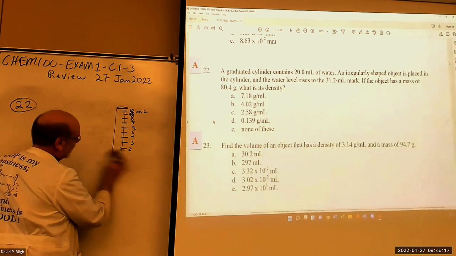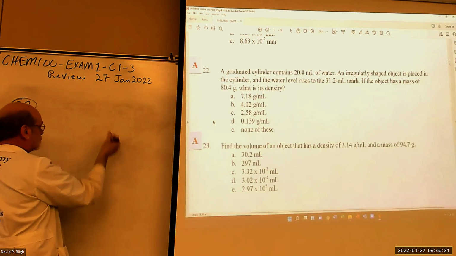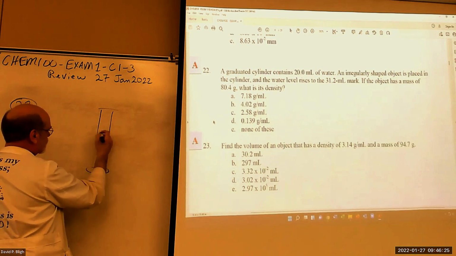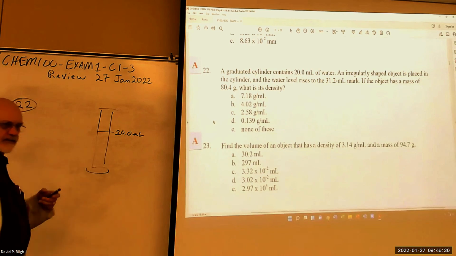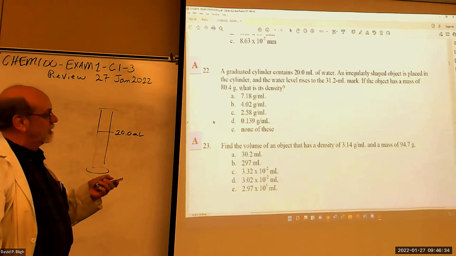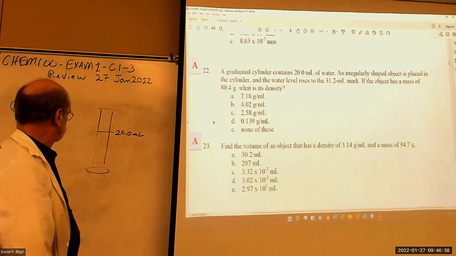Anyway, if it contains 20 milliliters of water, let's just say it's like this. Say this is 20 milliliters of water. Sometimes it helps to draw pictures. That's where it starts. An irregularly shaped object is placed in the cylinder.